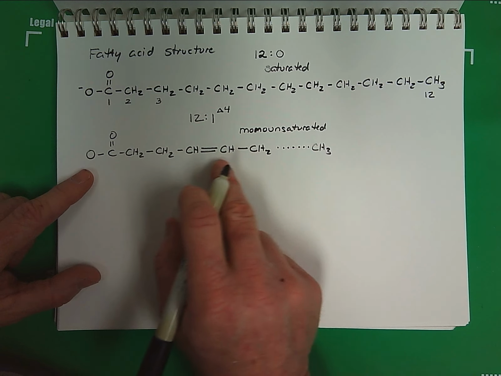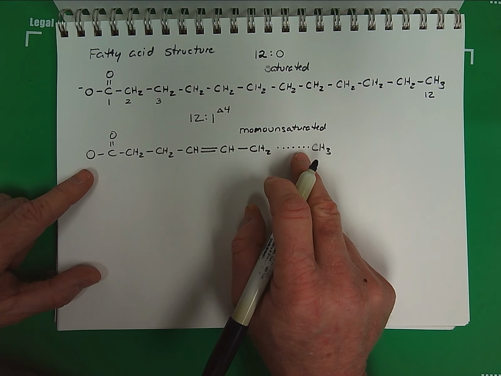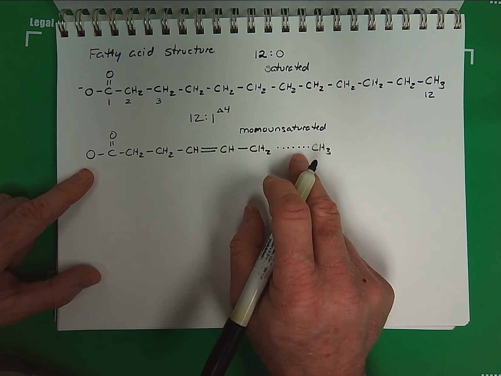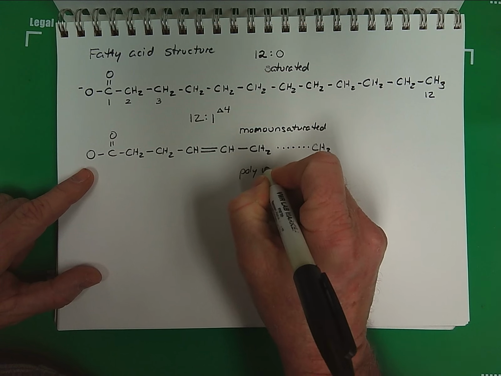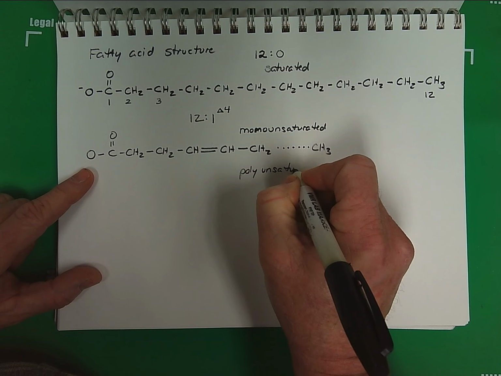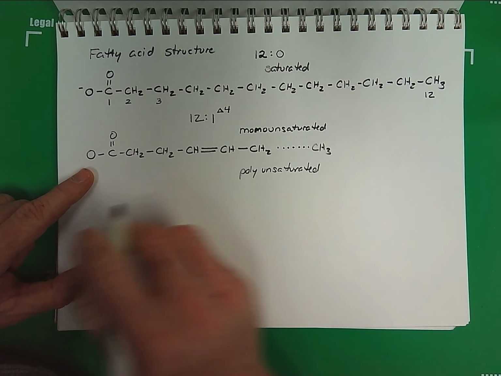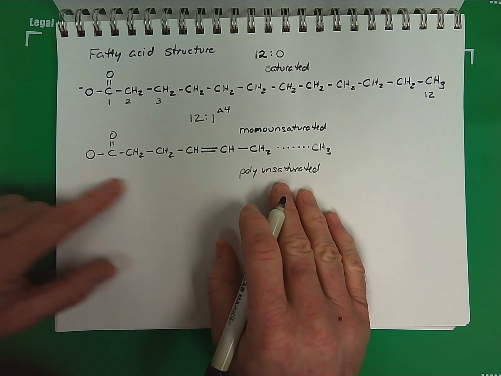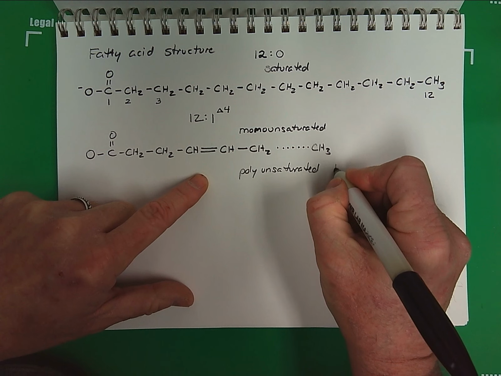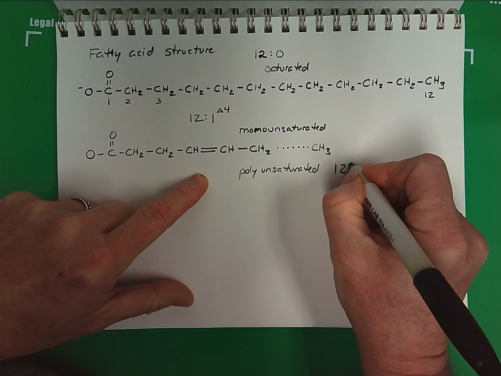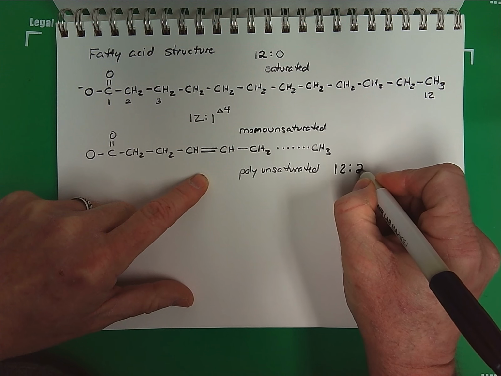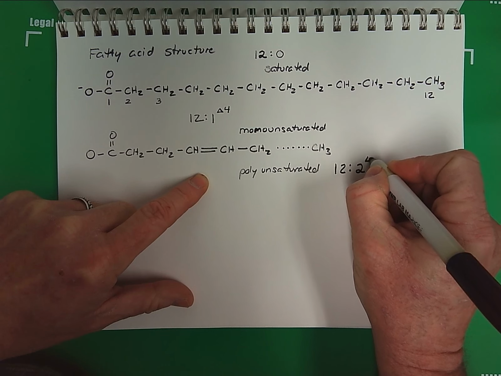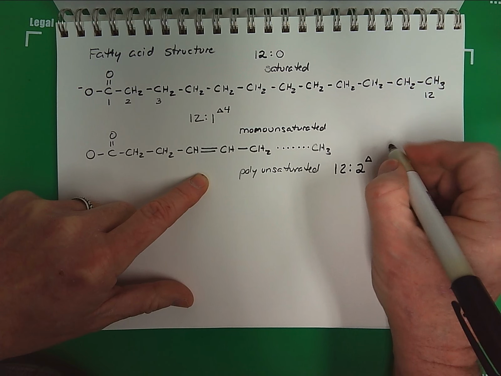Now, what if we introduced another double bond? Then it would be considered a polyunsaturated fatty acid. We would simply name that fatty acid by its 12 carbon length. We would indicate 2 double bonds, and then we indicate which carbon those double bonds begin at.